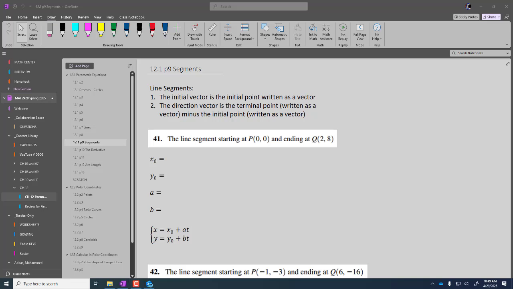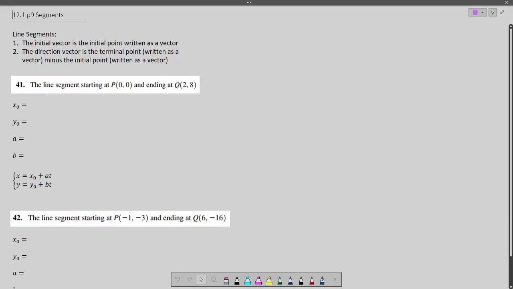So line segments can be found by restricting a line. Now, if we want to start from scratch, we've got to be a little more careful. So we want to create the line segment that connects those 2 points.